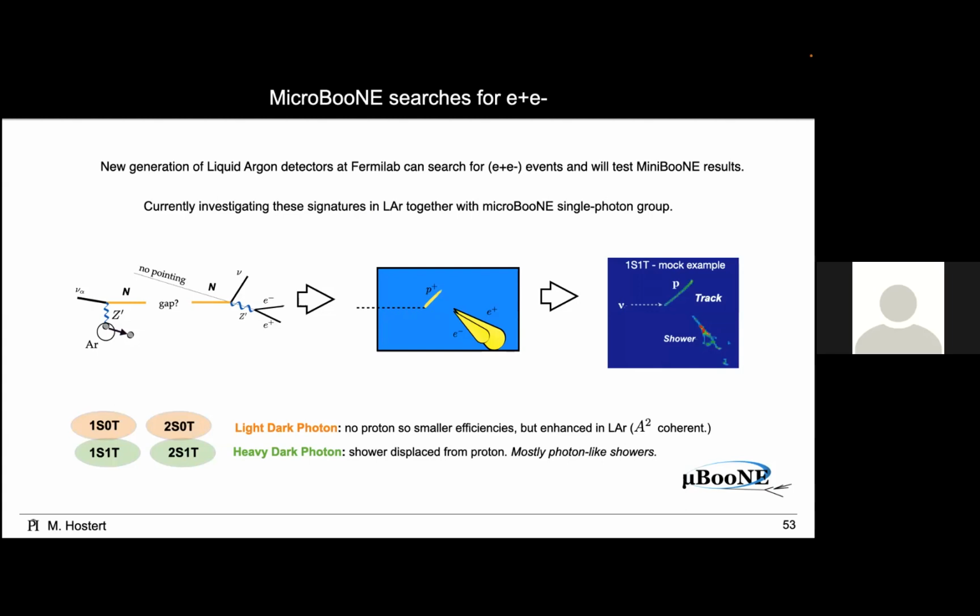There's still something you can do to separate the two. Most of these models will predict things that will look like single photons rather than separated E plus E minuses. The population of single photons, given the current reconstruction techniques, is likely to be much larger than the population of separated final states for most of these explanations. But that's under study.